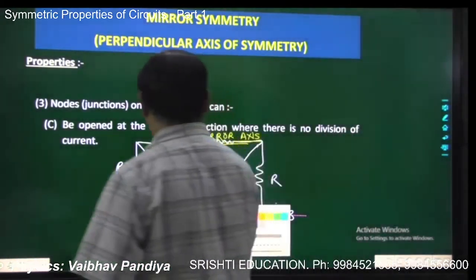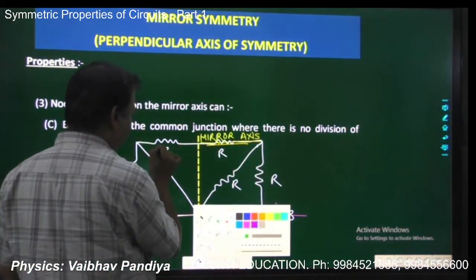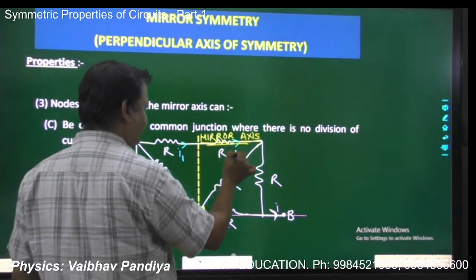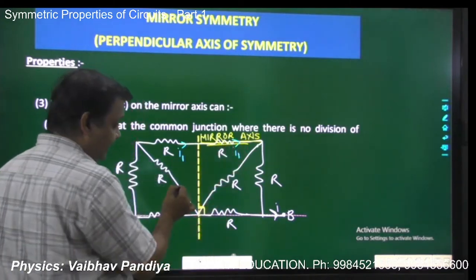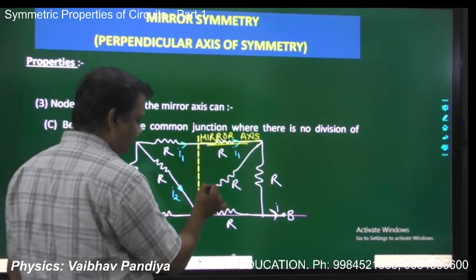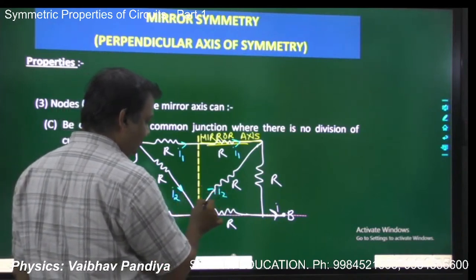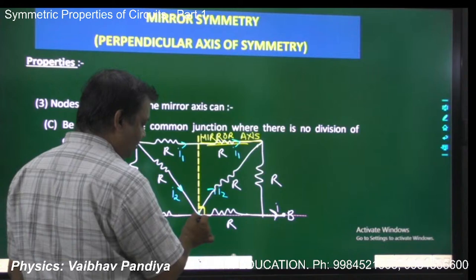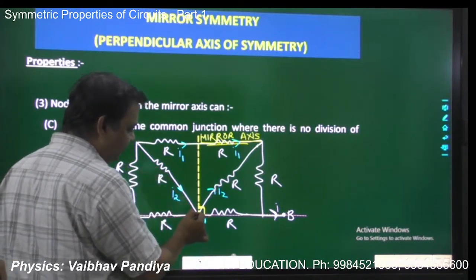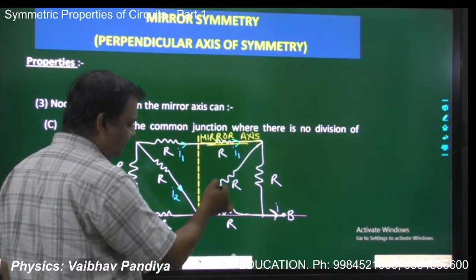So if you see these two are symmetric elements, if this has a current of I1, this will also have a current of I1, correct? If this element has a current of I2, this element will also have a current of I2. So if this is a point O, and you can see this upper branch is bringing a current I2, then the whole I2 is going in this upper branch.